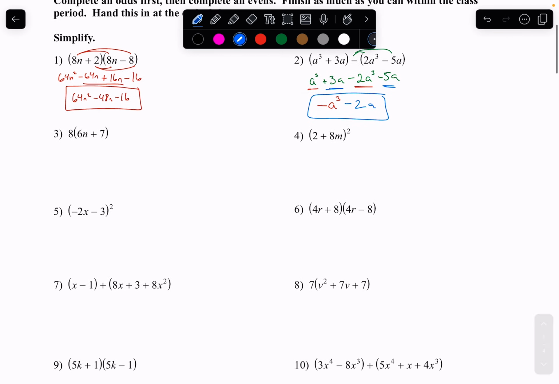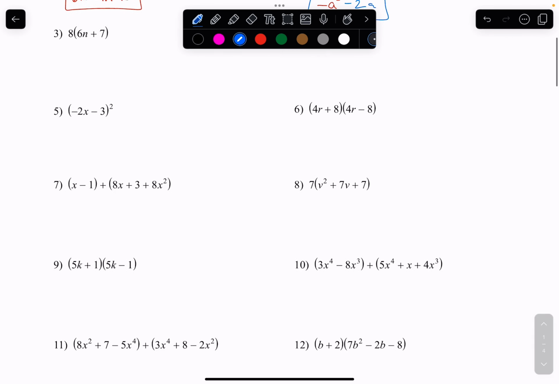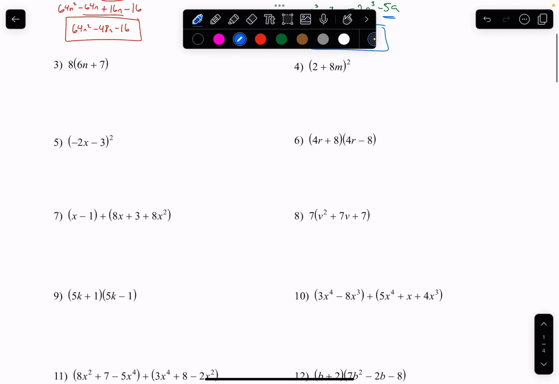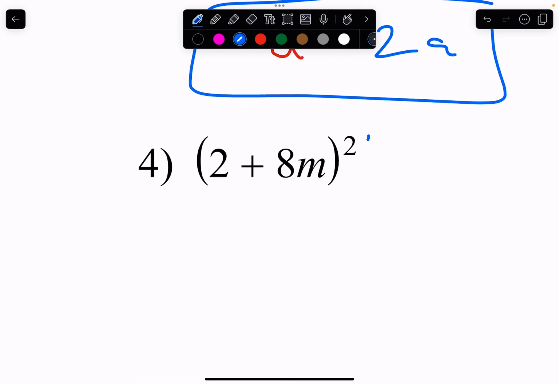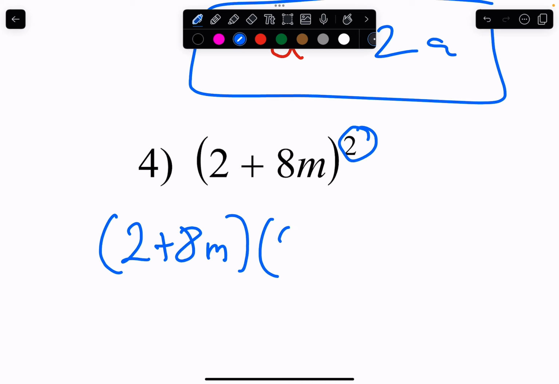All right. One other one we can talk about here is a problem like this. If you recall, when you have this squared symbol, what you need to do is write this twice. And then multiply.